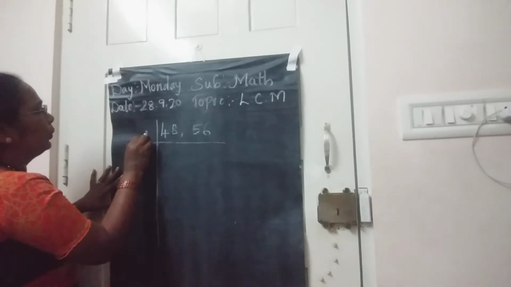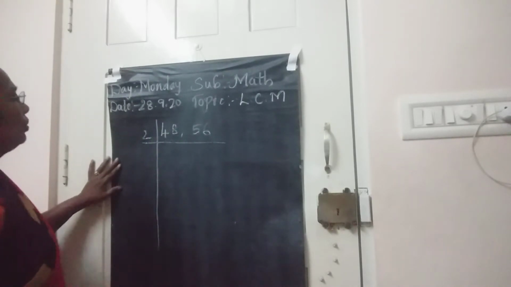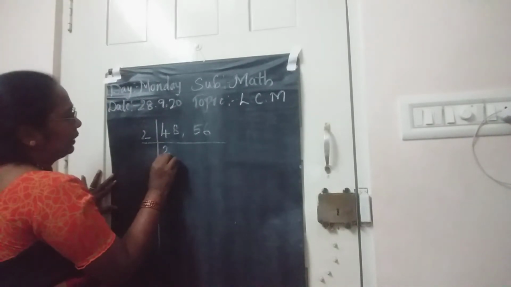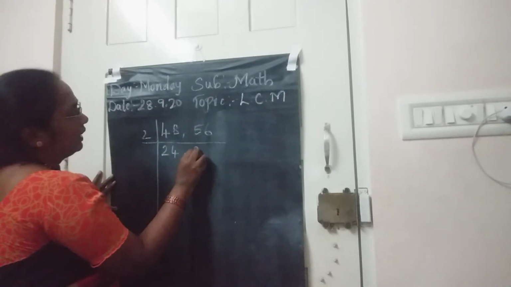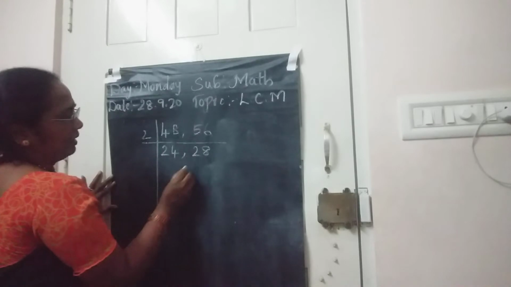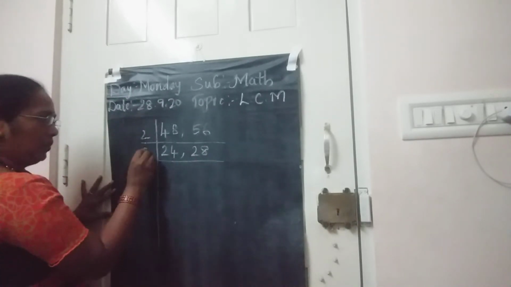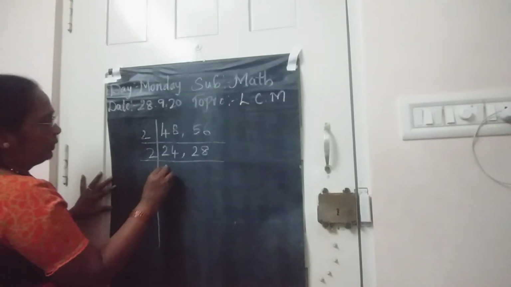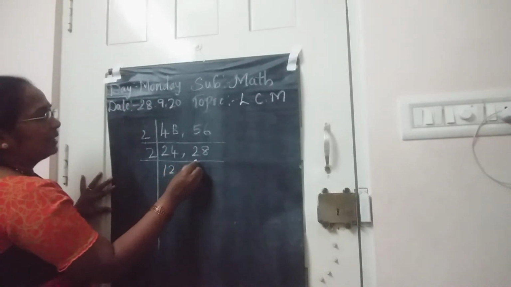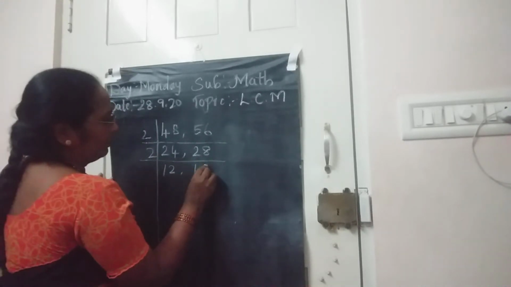So I take 2. 2 goes in 48 twenty-four times, and in 56 it goes twenty-eight times. Then again 2 goes in these, so I take another 2, and here it will be 12 and 14.